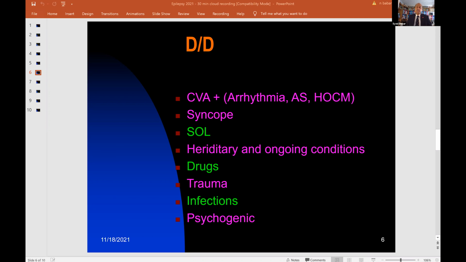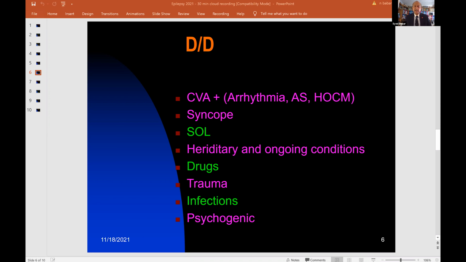Syncope, usually a hypotensive crisis induced by infection, psychogenic conditions, and also from orthostatic conditions, can produce loss of consciousness and sometimes neurological phenomena as well.